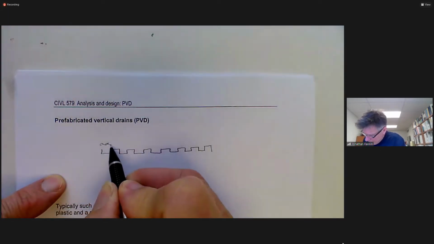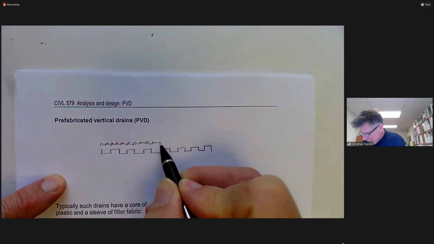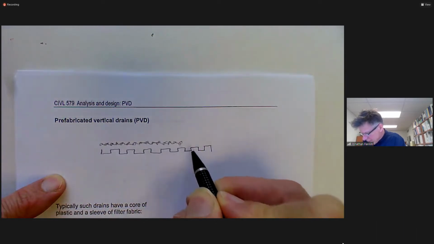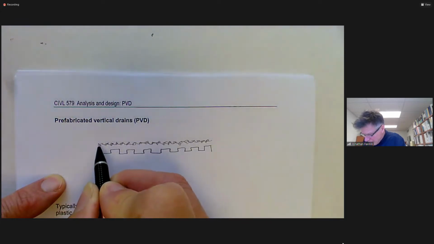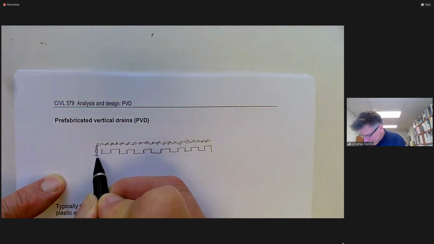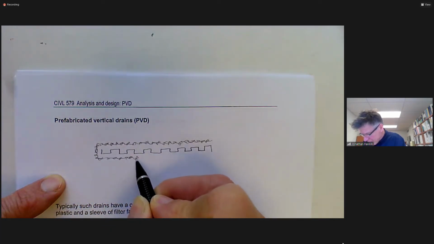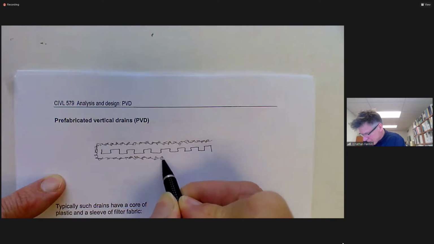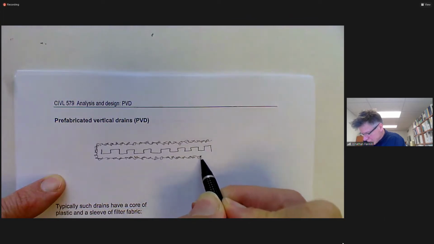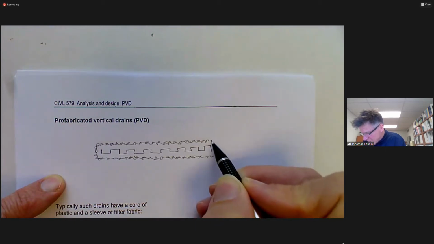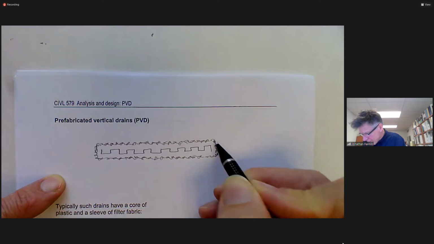I'm going to schematically show the filter as a little bit interwoven. It's a non-woven filter. So that's what I'm attempting to capture with this cartoon-like image. It's actually a heat-bonded non-woven.